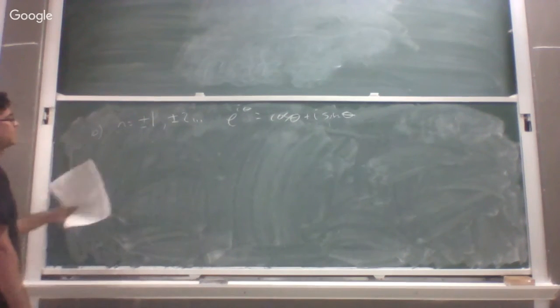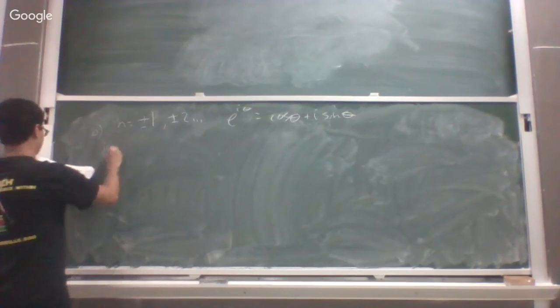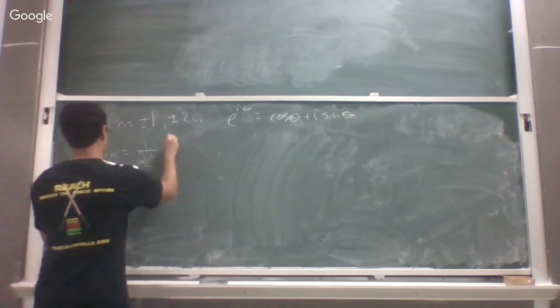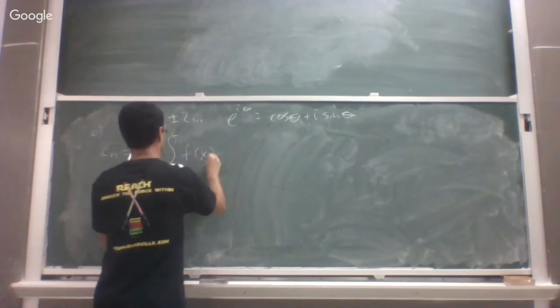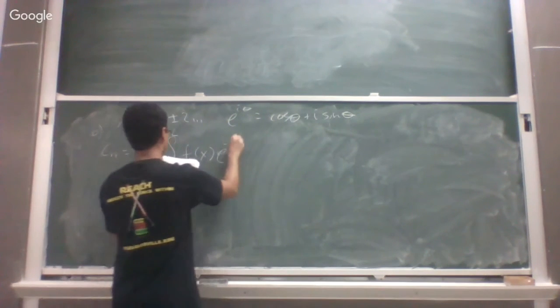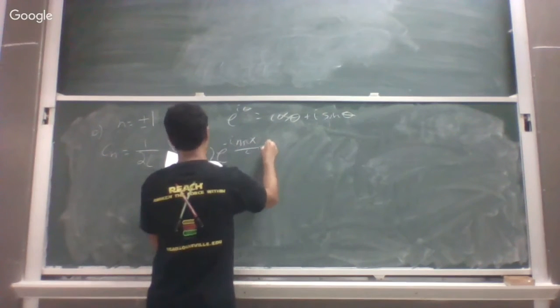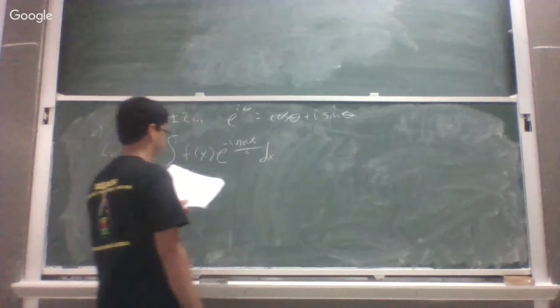But going back to this, for c sub n, they tell us we have 1 over 2l going from negative l to l of f of x times e to the negative I n pi x over l dx. So then we make the substitutions.